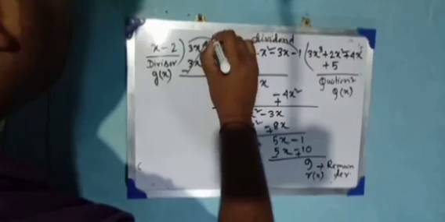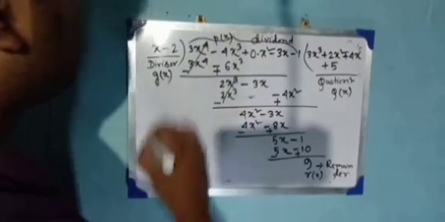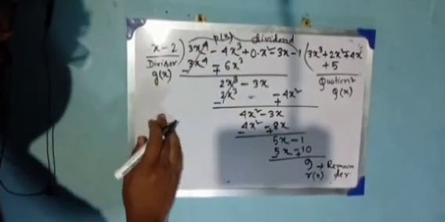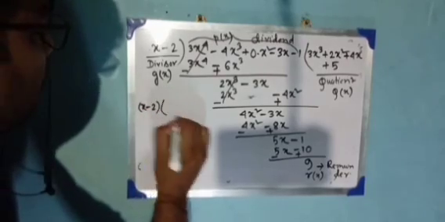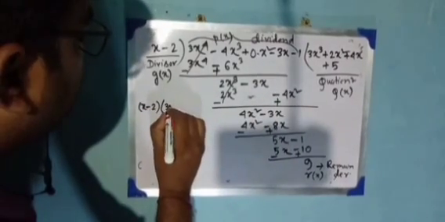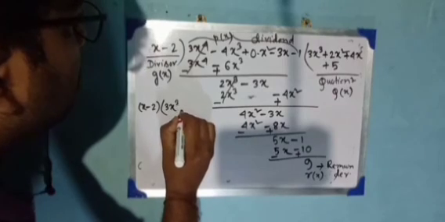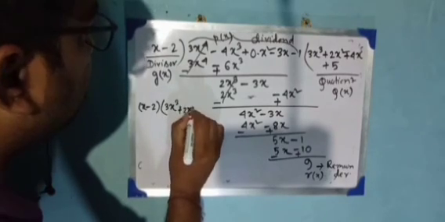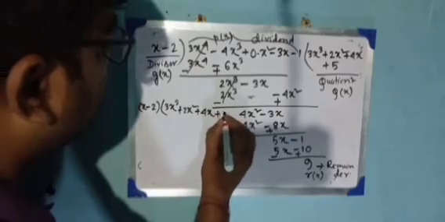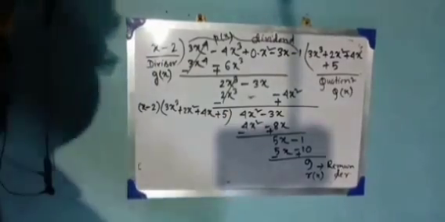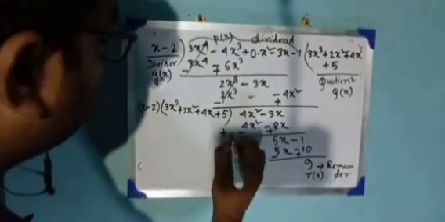This whole polynomial is px. So as you can see, if you multiply x minus 2 with 3x cube plus 2x square plus 4x plus 5, first we multiply, then we will add 9 here.